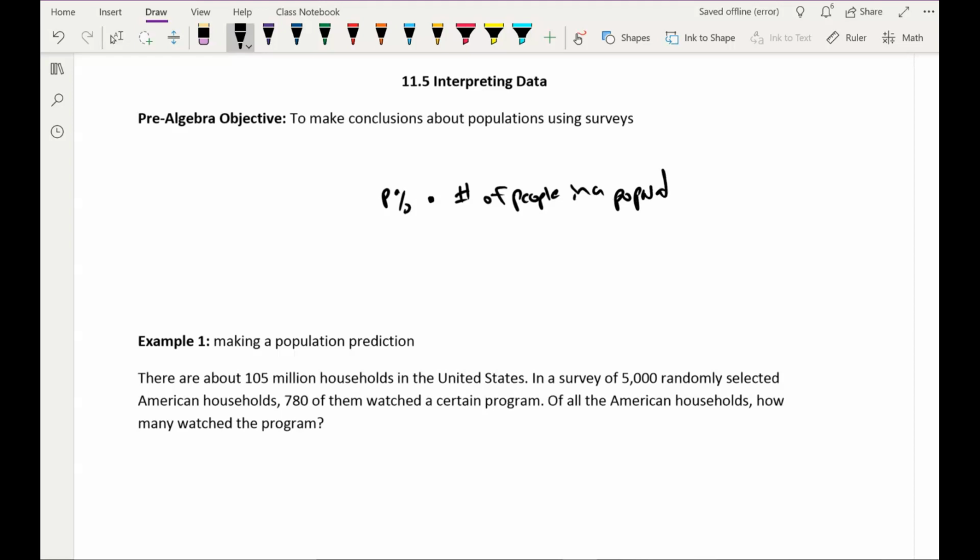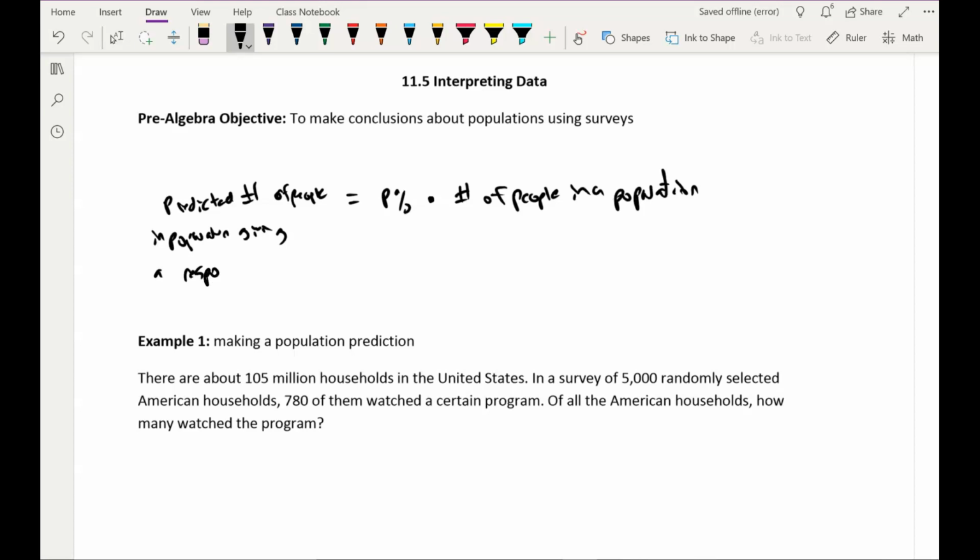That will give you your predicted number of people in a population giving that response. So that would be a specific example when you're doing a survey or something.